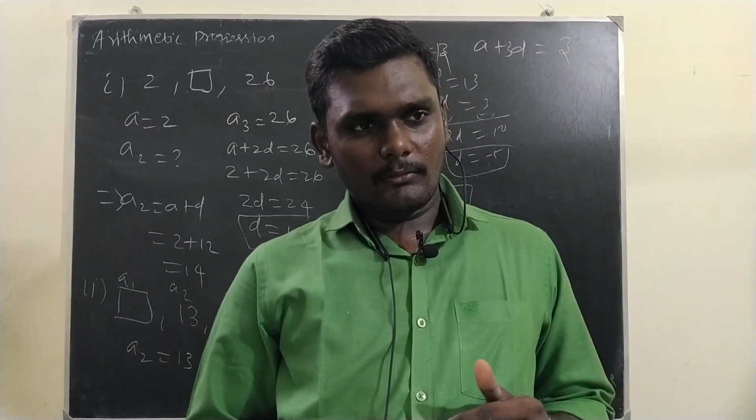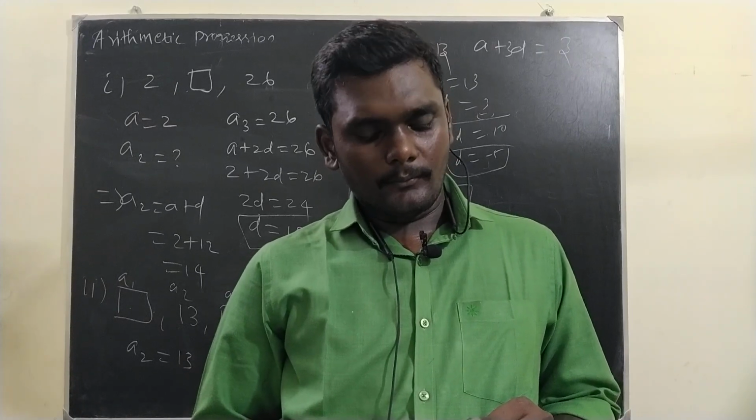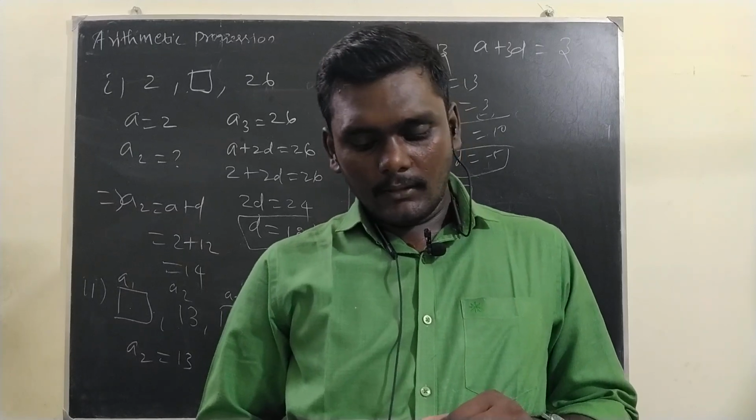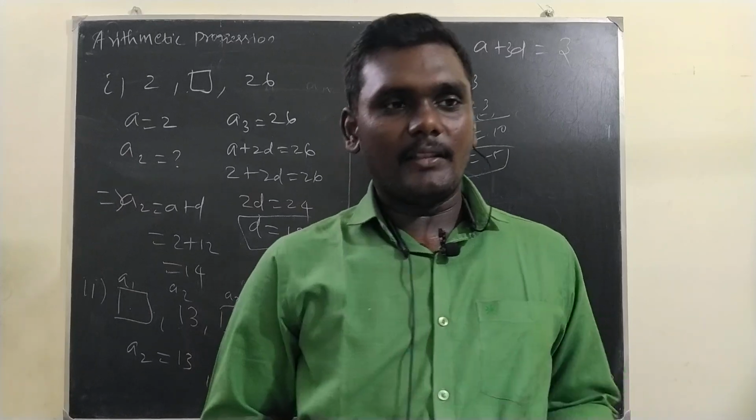Still some questions are there. Find the 31st term of an AP whose 11th term is 38 and 16th term is 73.